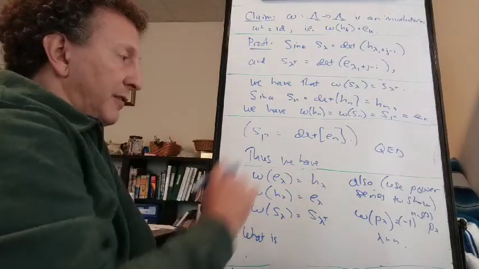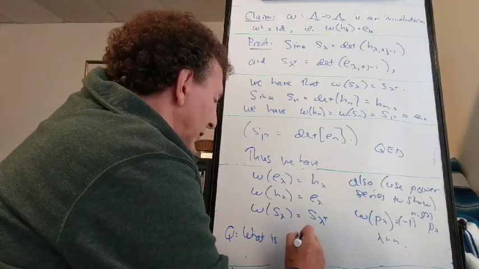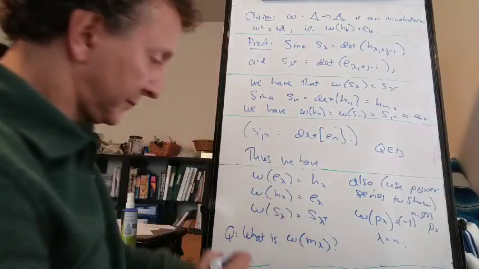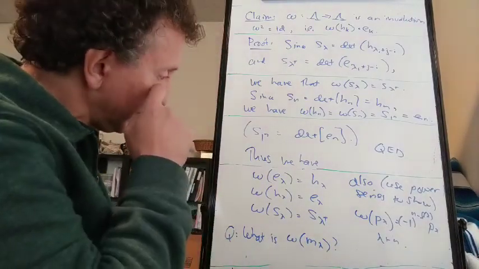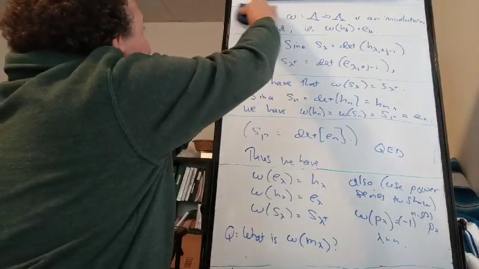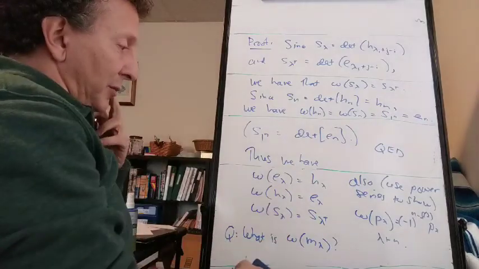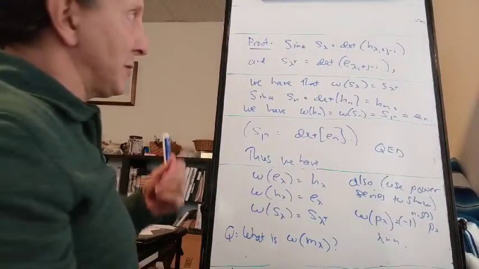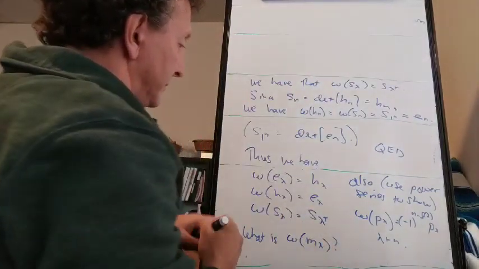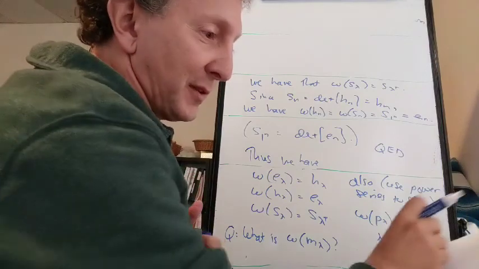So we see all of our favorite bases here except for the monomial symmetric functions. So it's natural to ask, what is omega of m lambda? Well, I guess we express m lambda in terms of elementary symmetric functions and then just change them all to homogeneous symmetric functions. And there's not really a nicer description than that.